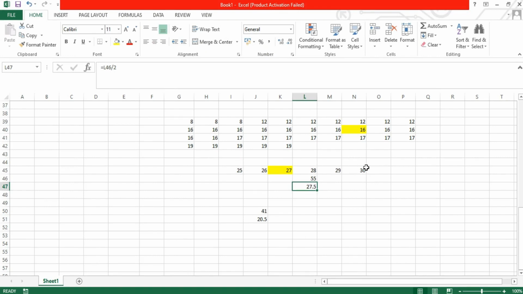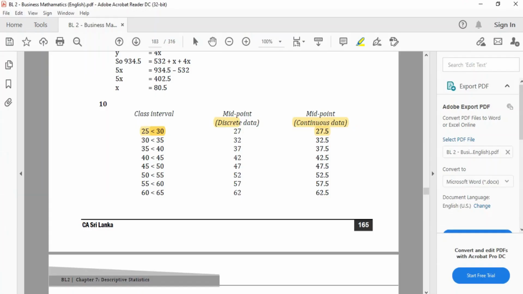As we take the number ruler format, or if you take the addition of these two and divide it by 2. But for a discrete data, we say that the last number 30 will not continue in the next class. It will either start from 30 here or start from 31.